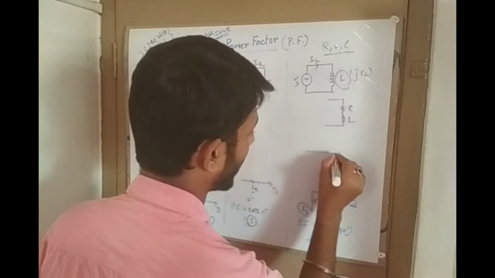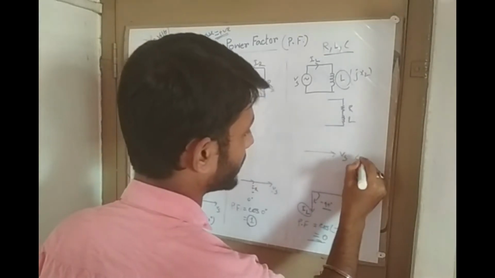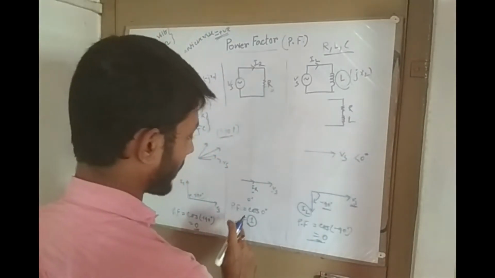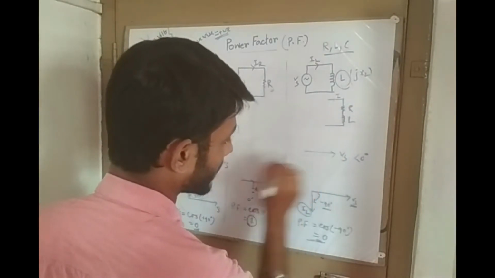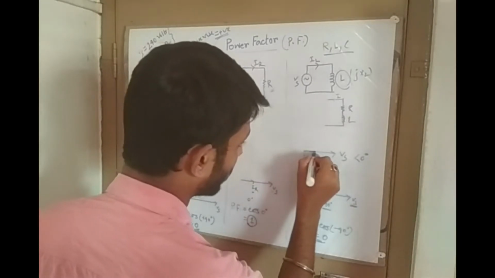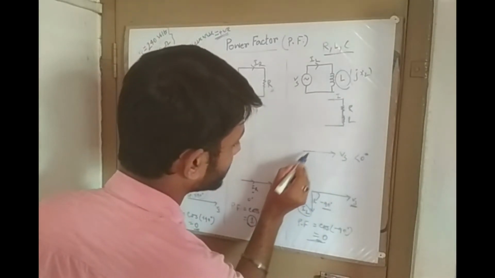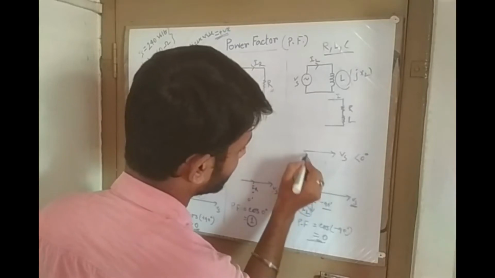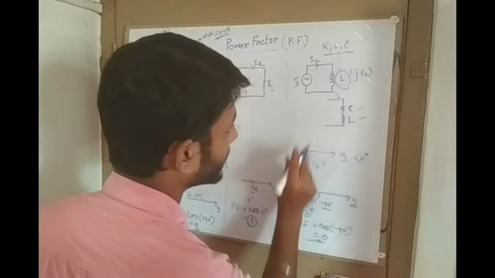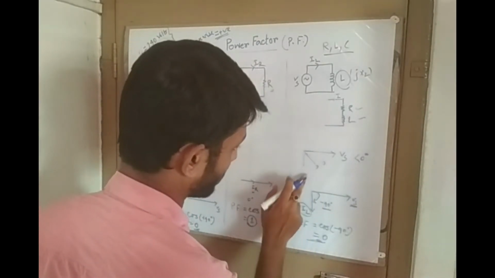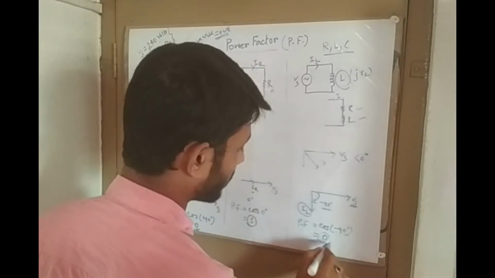So for an RL circuit, if this is the supply voltage, at 0 degree, this current I will neither be at minus 90 degree nor in the same phase as Vs. So this I will be somewhere between these two. It may be here, it may be here. Depending upon the R and L values, this current will be somewhere between these two. If the current is lagging, as in a purely inductive circuit, then the power factor was 0.